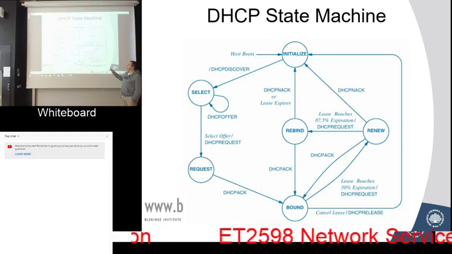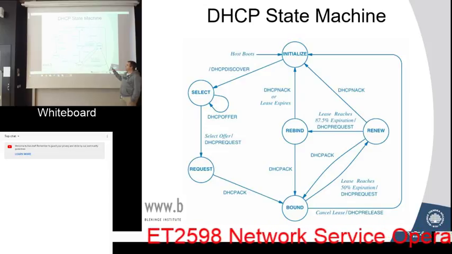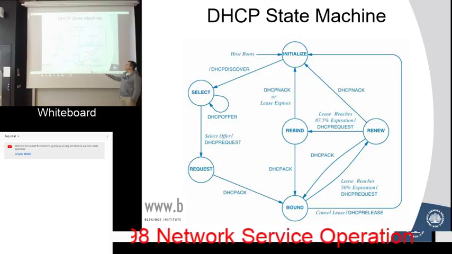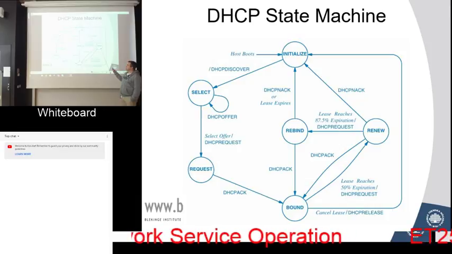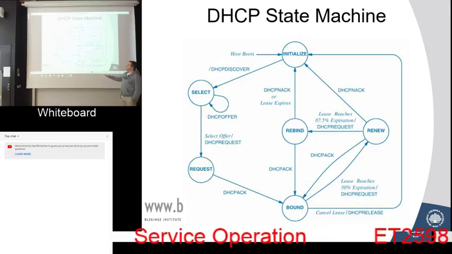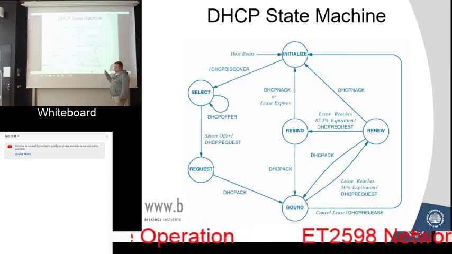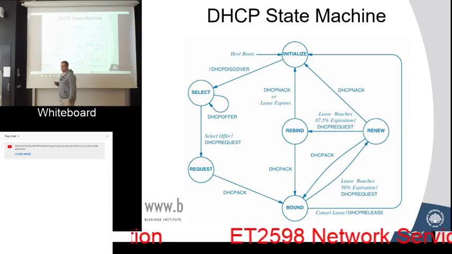So then you move to the renew state. If that is acknowledged, you can drop here. If it's not approved, you keep on sending this renew request until half of that time has elapsed again.